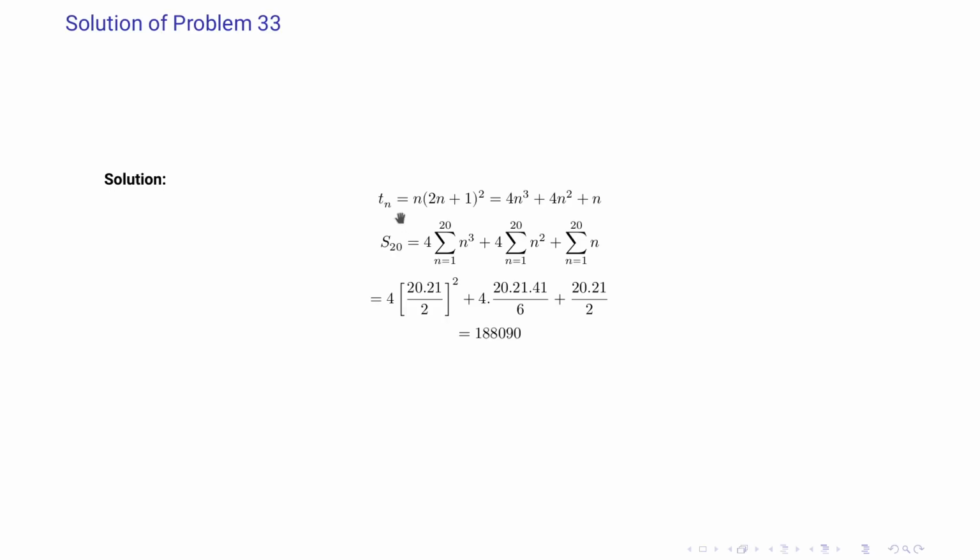So our nth term would be n into 2n plus 1 whole square, which is equal to 4n cube plus 4n square plus n. We apply the sigma operator for 20 terms and we get the final result as 1880, 90. So that's how you solve this problem.